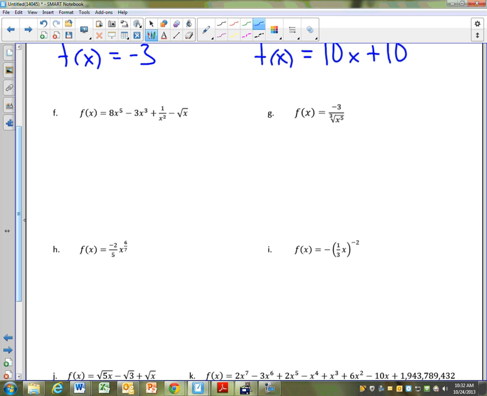Always got to rewrite it in exponential form, people. F of x, power form. This would be negative 3 over x to what power? 5/3. So that would be f of x is equal to negative 3 times x to the negative 5/3.